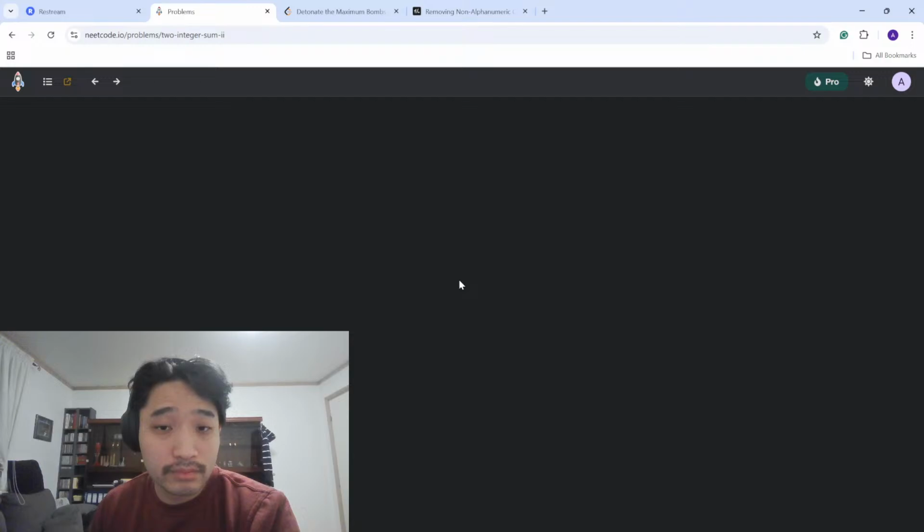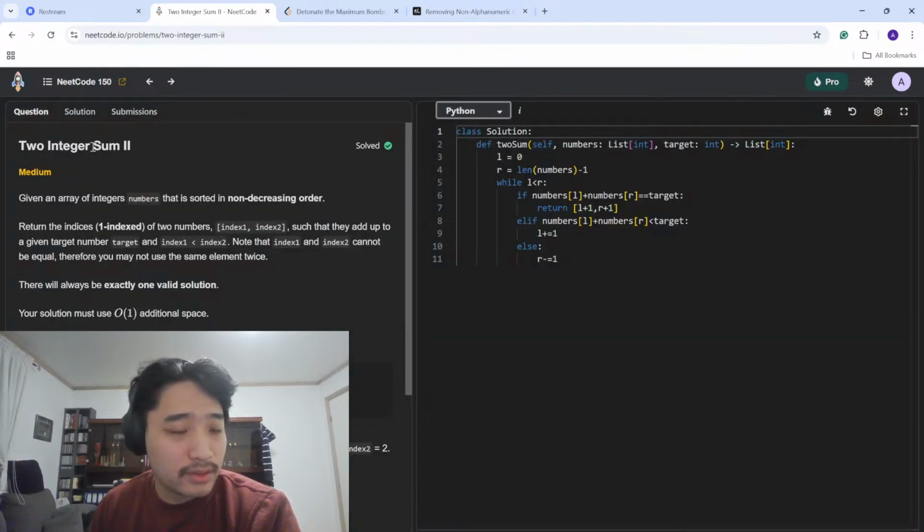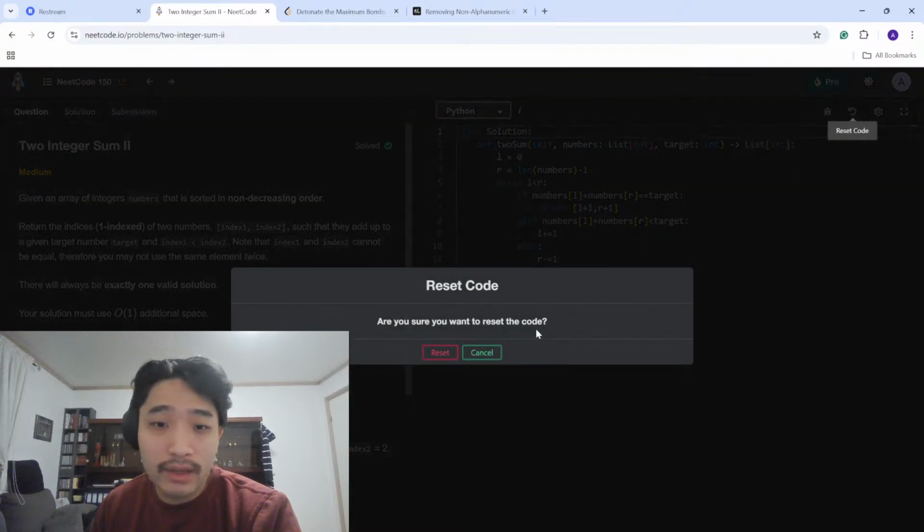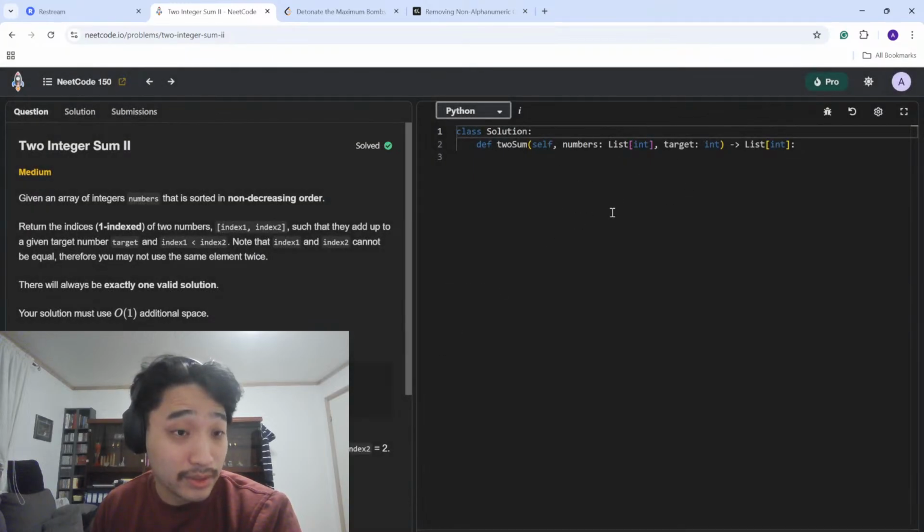Two sum. Oh, no, it's not two integer sum. I did not actually see what's here.